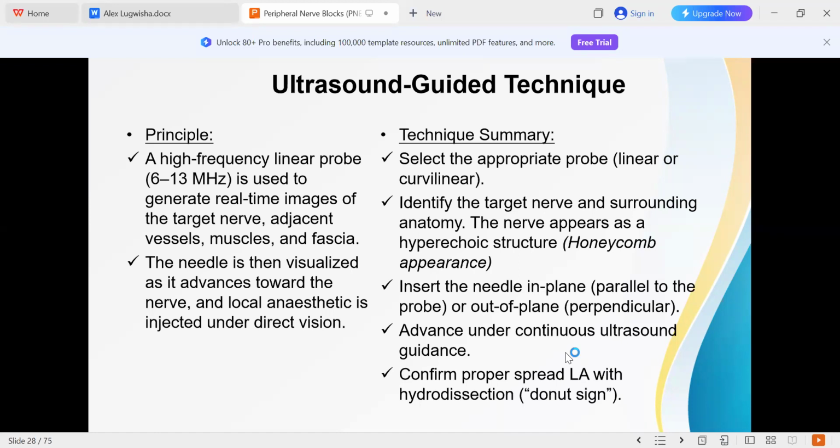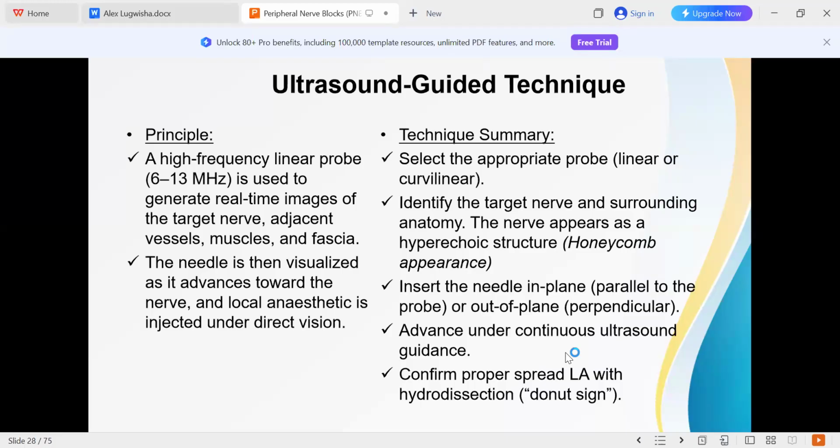So how do you perform ultrasound guided nerve blocks? You want to select the appropriate probe: for superficial structures, linear. Sometimes if you want to do deeper nerve blocks, you may want to use your curvilinear. Identify your target nerve, and this is where knowledge of anatomy is important.